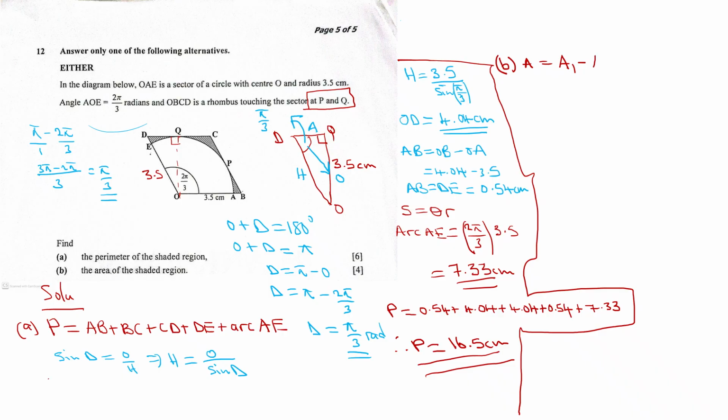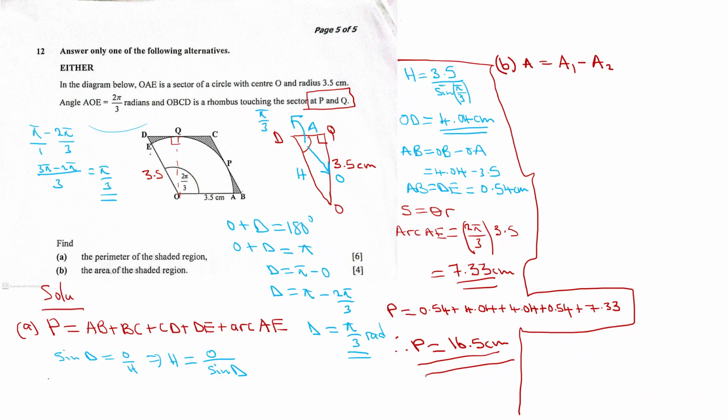So we are going to say area 1 minus area 2. What is that area 2? Area 2 is the area of the sector. So to find the area of the shaded region, we will need to subtract the area of the sector from the area of the rhombus. That is that portion of the rhombus which is not shaded.